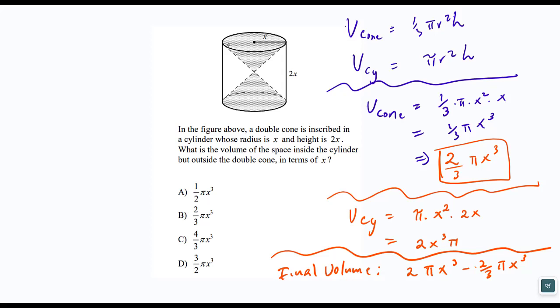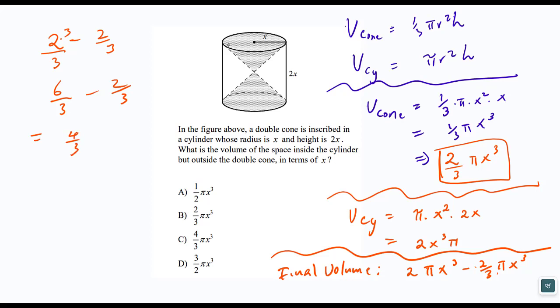Notice these are like terms, so all I need to do now is take 2/3 from 2. So if I got 2 minus 2/3, all I need to do is multiply this by 3, and multiply the top also by 3. So I'm going to get 6/3 minus 2/3. The bottoms are the same, so taking 2 from 6, this is going to be 4/3.